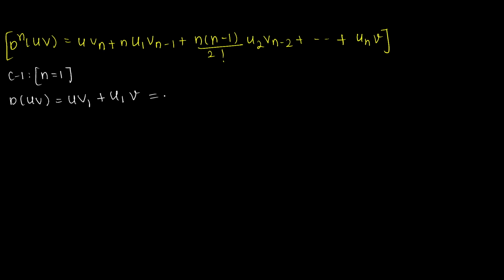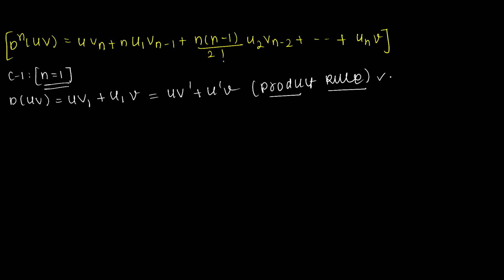So this can also be written as u v dash plus u dash v, which is nothing but your product rule. So whenever you see the value of n as 1, the derivative of u into v will be nothing but the product rule.